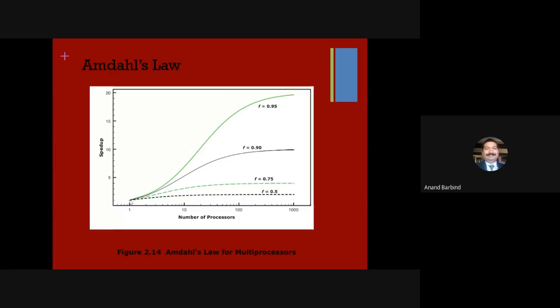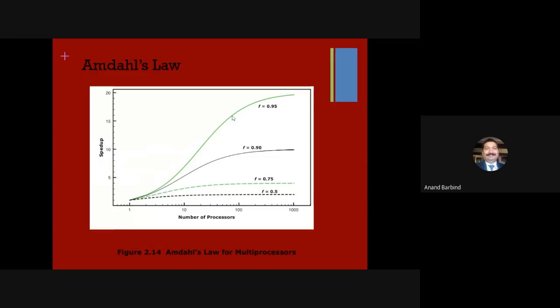Now if you are using 10 processors, then as per the first curve, your speed increases by approximately 5 times. So even if you are using 10 processors, your speed has not increased 10 times, it has increased 5 times. If you are using 100 processors, then how much is the speedup?